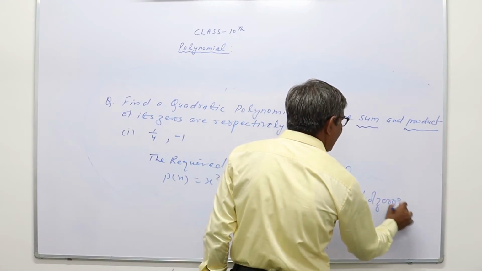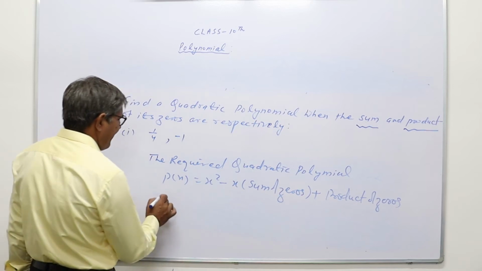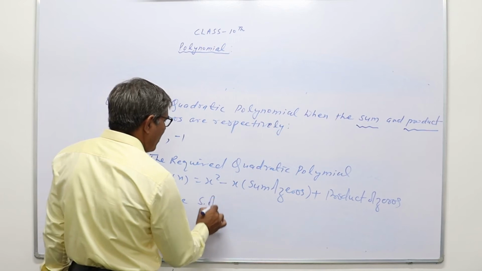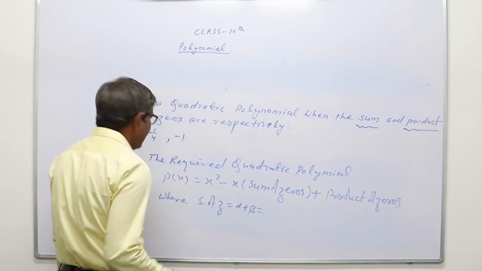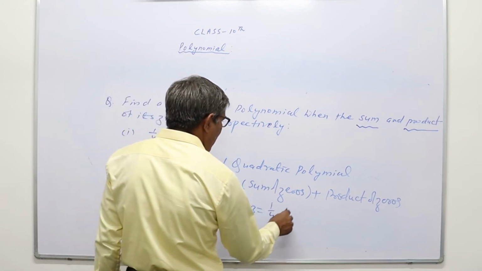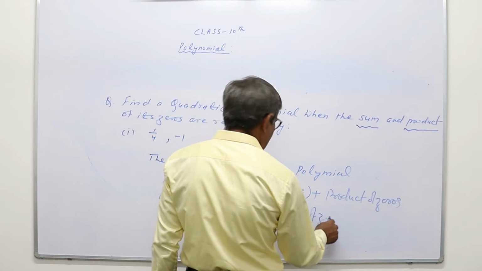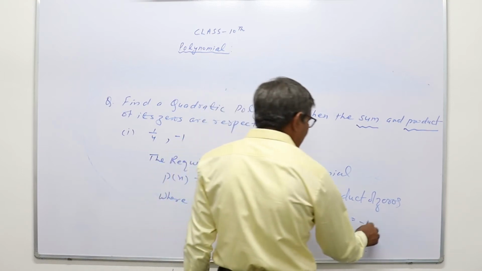This is your direct formula to find the quadratic polynomial, where the sum of zeros is alpha plus beta, that is given as 1 by 4, and the product of zeros is alpha into beta, that is equal to minus 1.